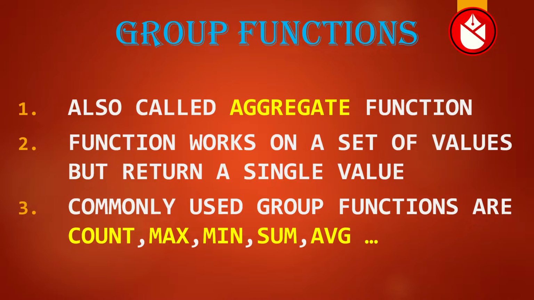That is, when a table contains 20 rows and this function is applied, it would work on each of the 20 records and return a result for each record. So the output would obviously be 20 rows if there are 20 records in the table.